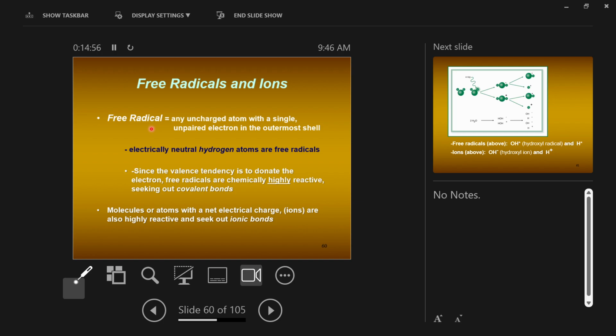But occasionally when there's an ionization event, for example, when water gets ionized, those little hydrogen atoms can break off of the water molecule. And when they do, you have a free hydrogen atom floating around freely. We call it a free radical, okay?